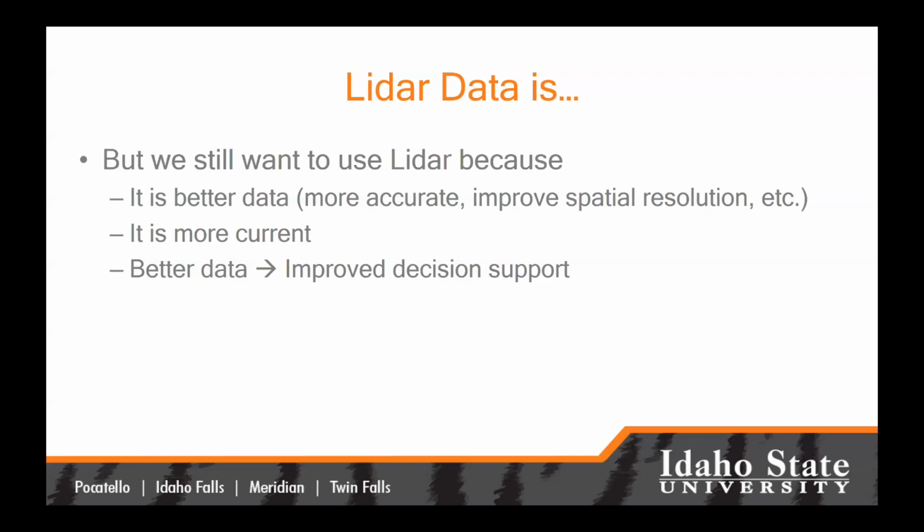All of this comes together to argue that it's better data, and because it's better data, we're going to be able to have improved decision support or better informed decisions because we're simply using better data to help us make decisions, make models, understanding the landscape on which we live.